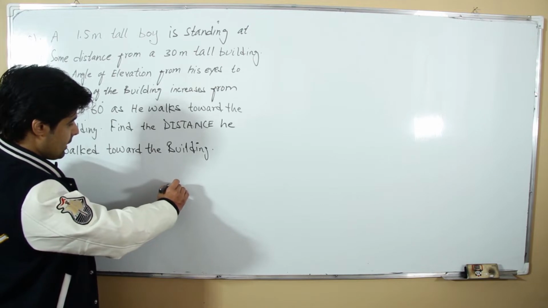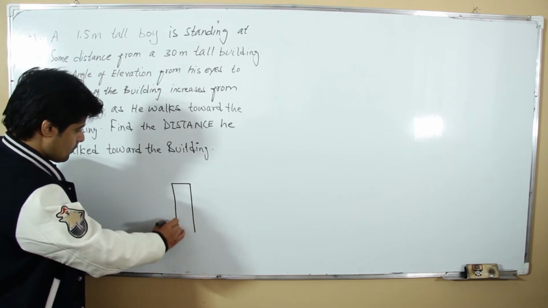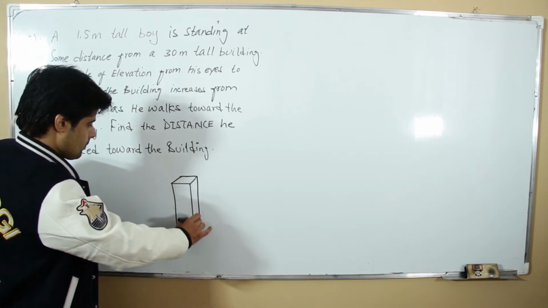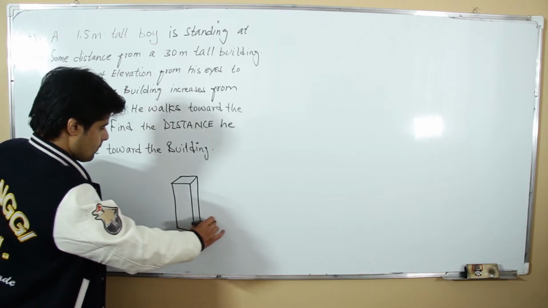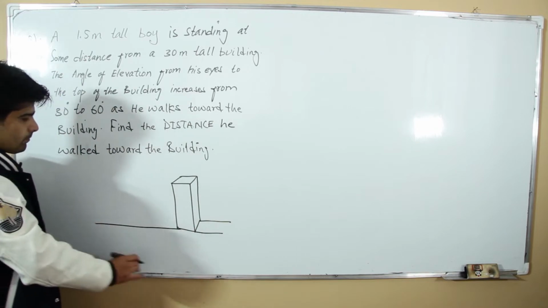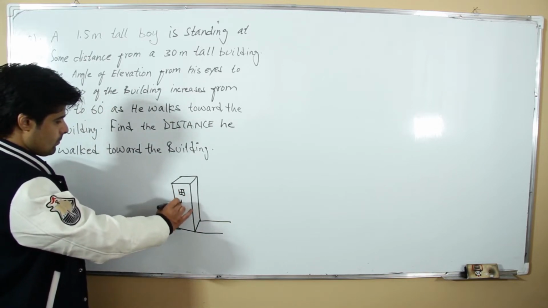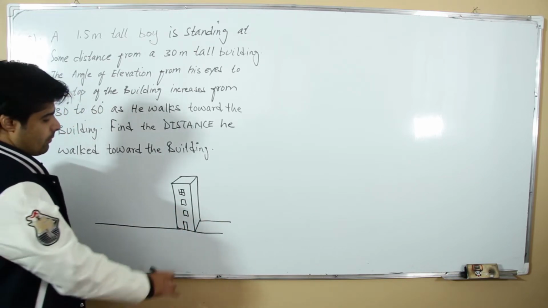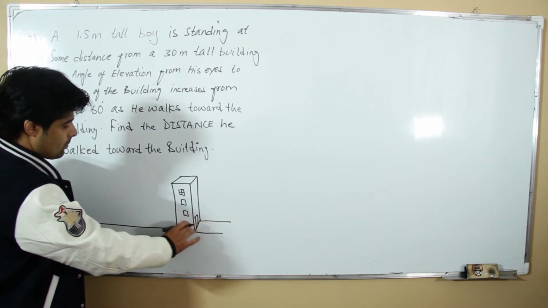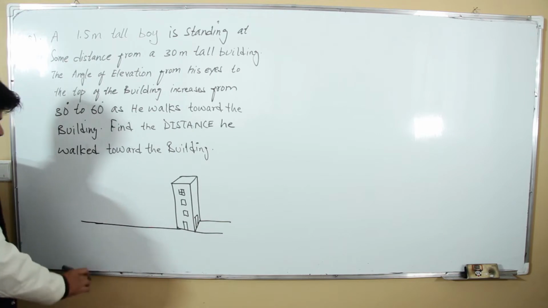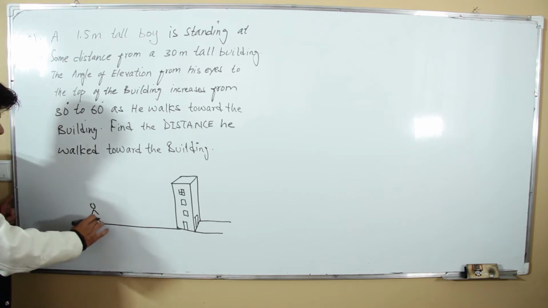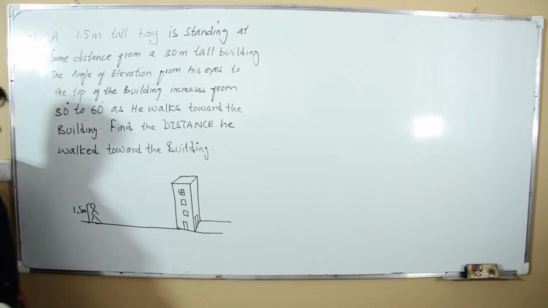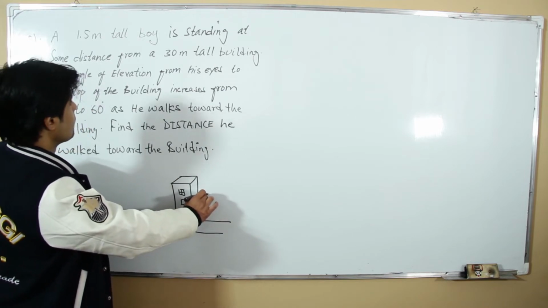Okay, suppose this is our building. Now, if this one is our building, there is a boy which is 1.5 meter tall, and the building is 30 meter.